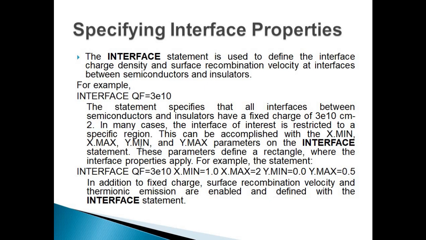For example, interface QF=3e10 with position parameters. This statement restricts the interface charges to the semiconductor-insulator boundary within the specified rectangle. In addition to the fixed charge, surface recombination velocity and thermionic emission are enabled and defined with the interface statement.